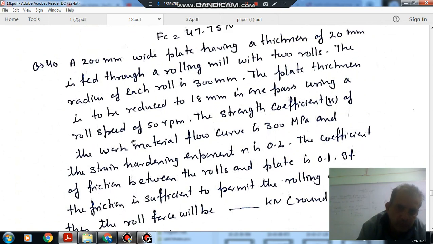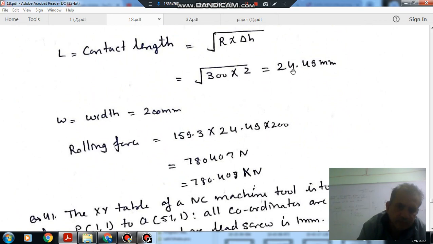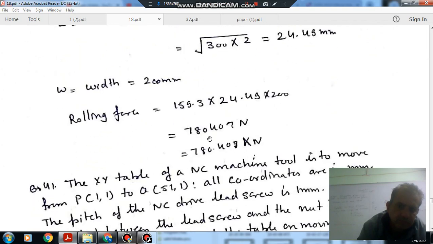Width is 200 mm. So the area of contact is contact length into width, 24.49 into 200, and the stress is 159.3. So the rolling force is 780,407 Newton, or 780.407 kilonewton.